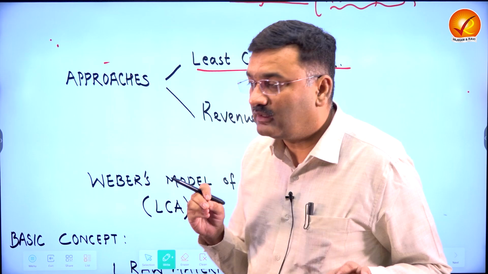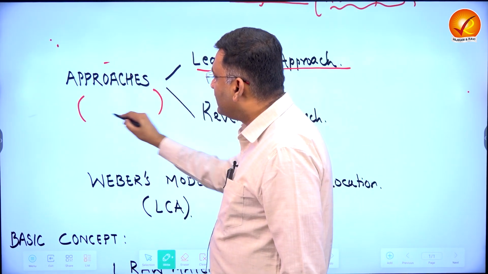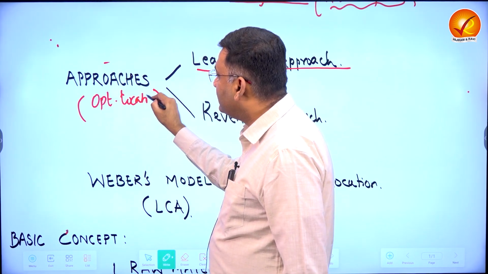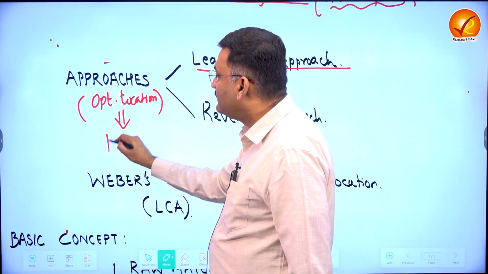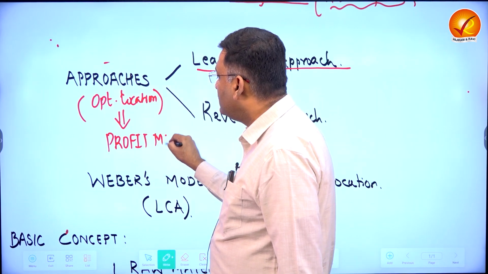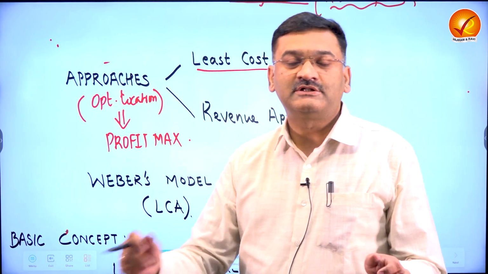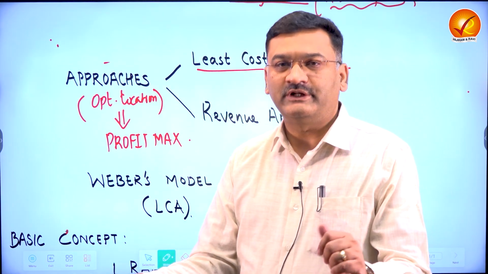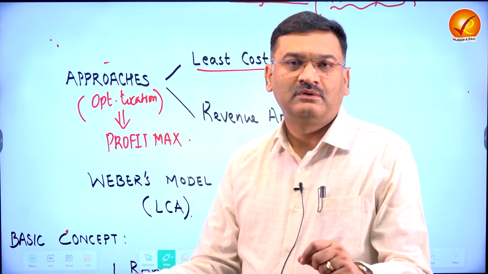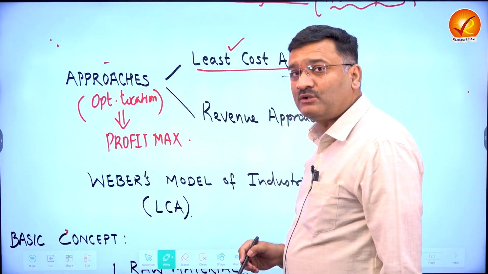What we are trying to understand is that the optimum location of industry is where industries will be able to maximize their profit. How can industries maximize profit? There are two ways. One, the industry can maximize profit by cutting down the cost of production. This is known as the least cost approach.